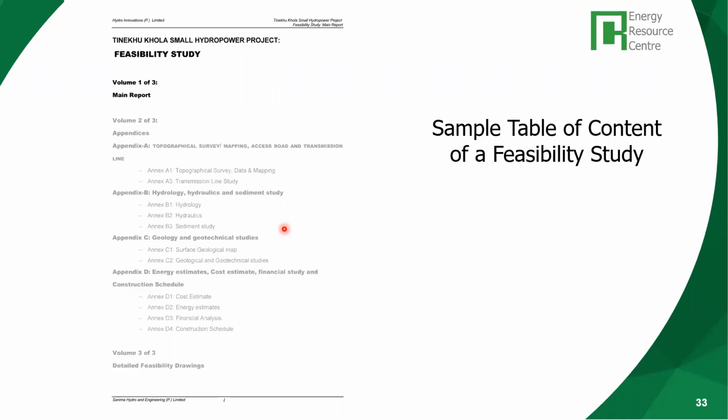You have to make sure that the conveyance of water from the intake to the powerhouse is as efficient as possible, so that you lose as little head as possible, and also leakages. So this hydraulic calculation is very important. It also gives you the size of the structures. So there is a special appendix detailing all the hydraulic calculation.